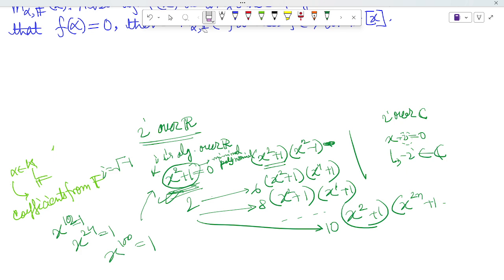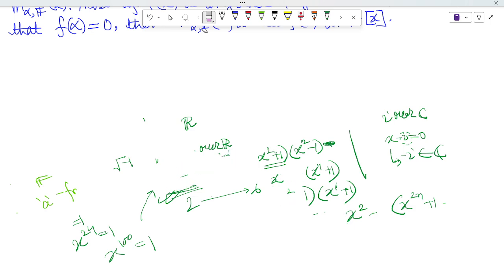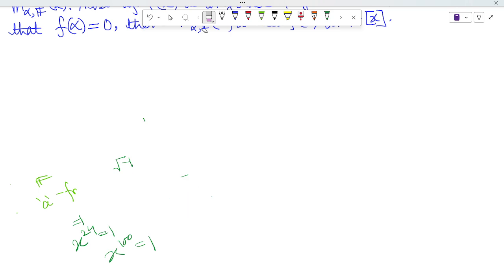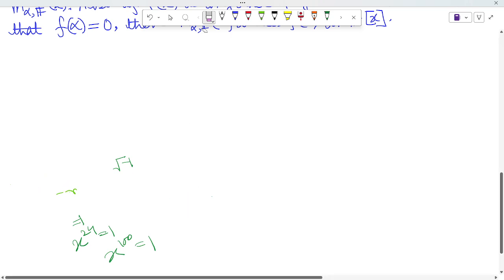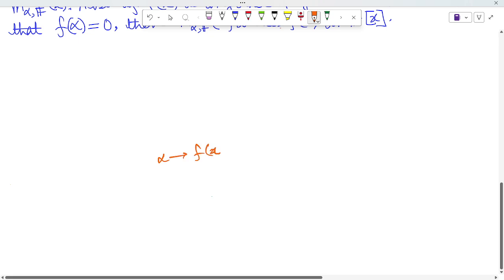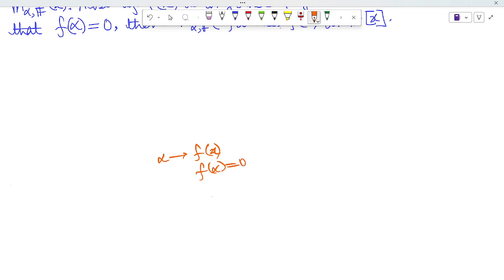I think I tried to explain that concept. Now I will formally write it. I think you understood. If you fortunately get an equation f(x) such that f(alpha) equals 0, then you can produce tons of equations.